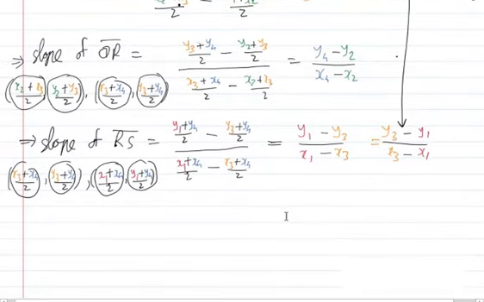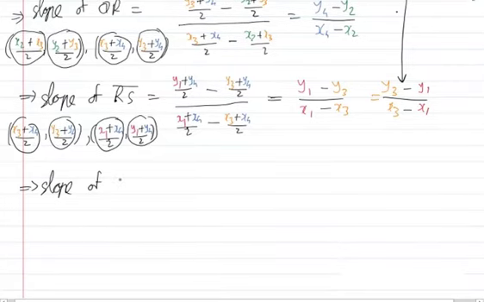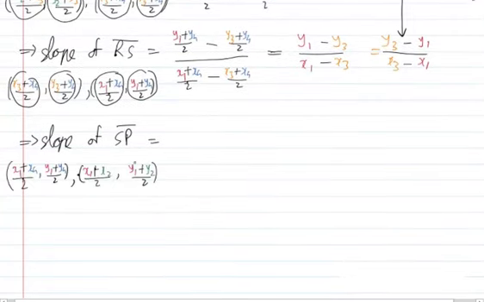Now we just have to find the slope of the remaining edge, which is SP, right? Let's get the coordinates of S and P. Here they are.